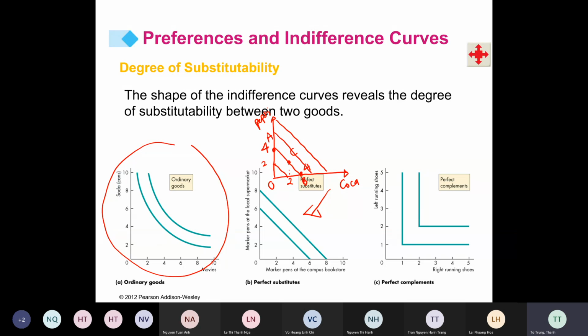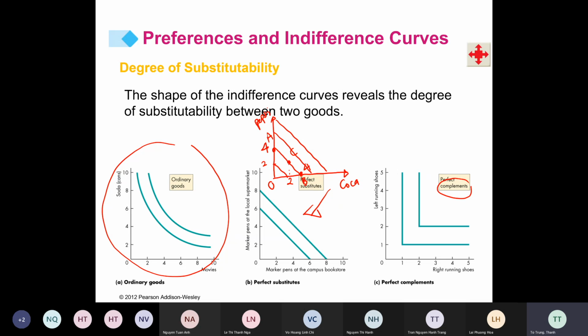Now we move to the next special case of goods, perfect complements. Now we talk a little bit about complements. Complements means I buy this good and I also buy that good for consumption.